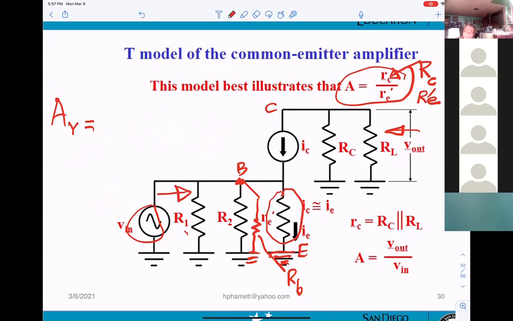Equal what? V out, right? That means right here, divided by what? V in. Now, that is a misunderstanding. They must be divided by VB, right here, AVB.